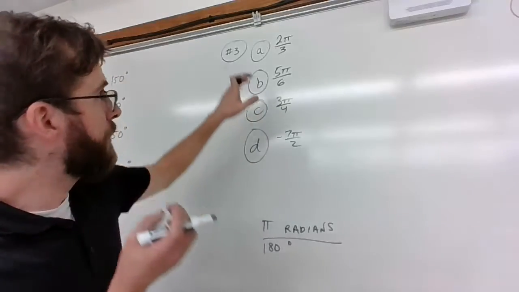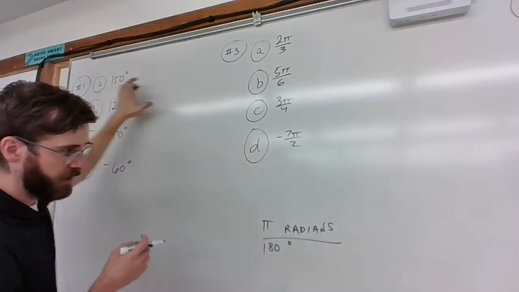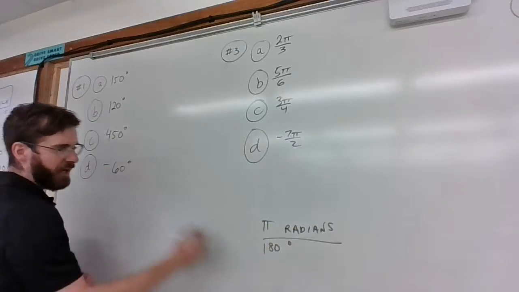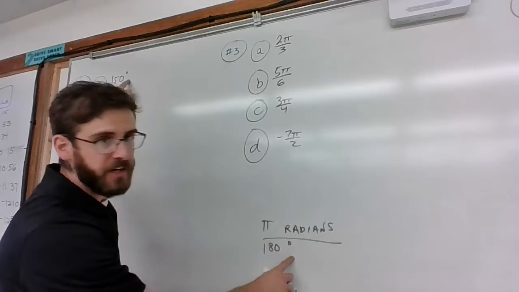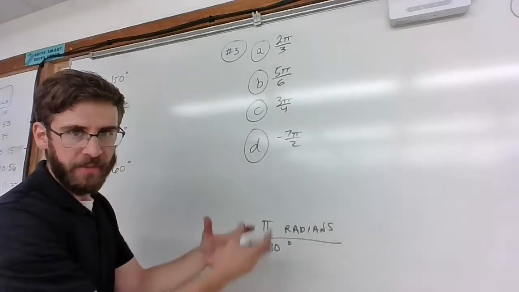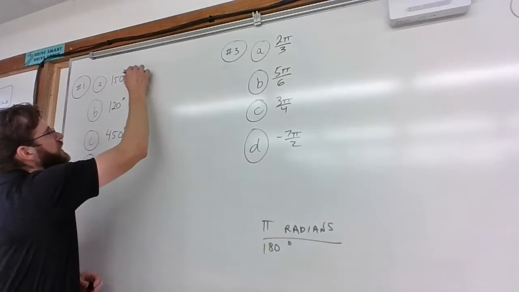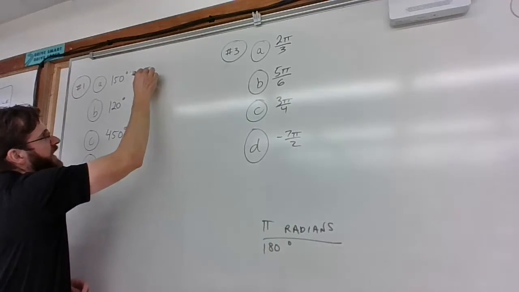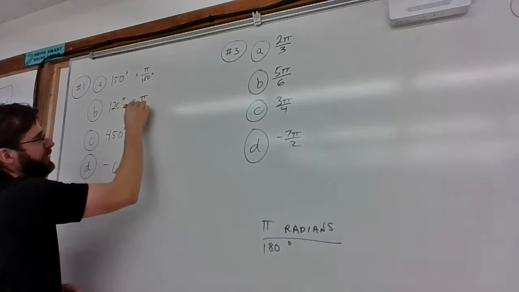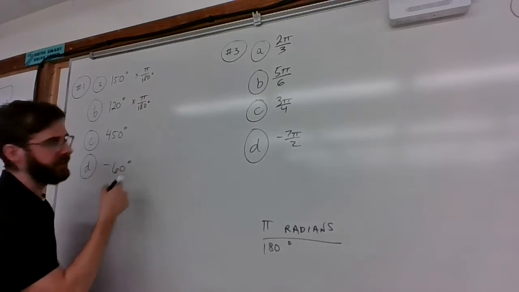So if you're trying to go from degrees to radians, you want to cross-cancel the unit of degrees. The 180 would go on the bottom and the pi radians would go on top. So you'd multiply this by pi over 180 degrees, this by pi over 180 degrees, and the same for the other two as well.